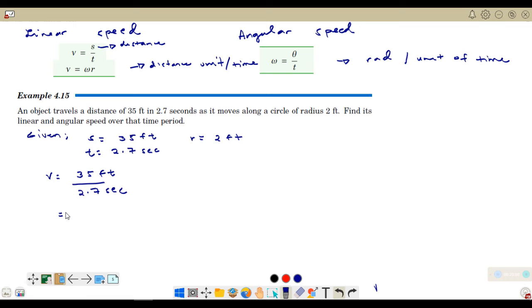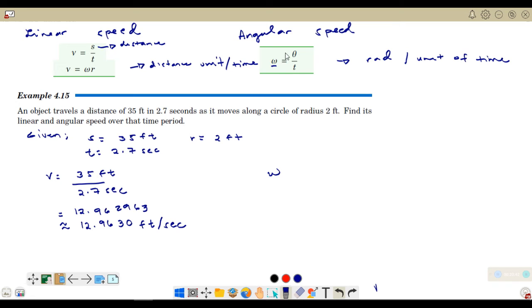Plug in 35 divided by 2.7. So we have 12.962963, or approximately 12.9630 feet per second.